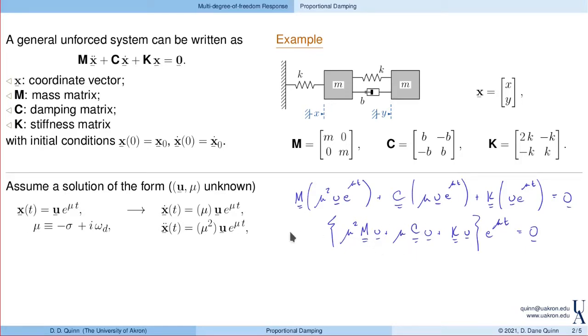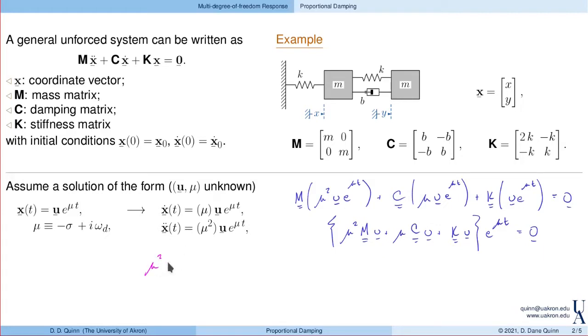Now, previously, in the absence of damping, we recognized what was left as an eigenvalue problem, right? We basically had the eigenvalue times m u, and then we had a k and a u vector here, right? And again, we turn that into a standard eigenvalue problem. In this case, this as an eigenvalue problem is no longer familiar, right?